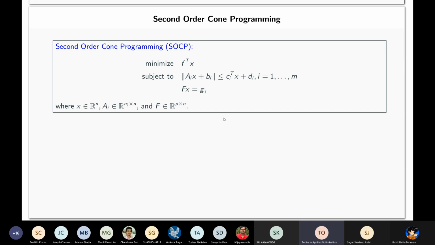If you recall from previous classes, this defines a cone, and then it's like the intersection of many of these cones, and this remains affine. Remember, this template has to be very precise. This is called SOCP.